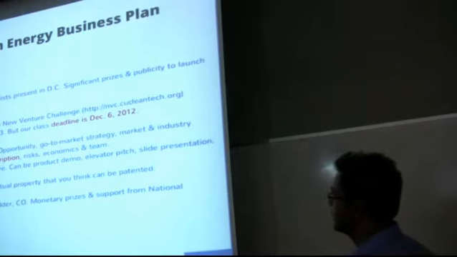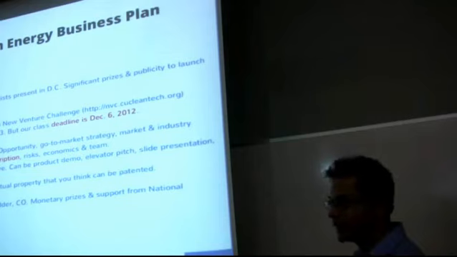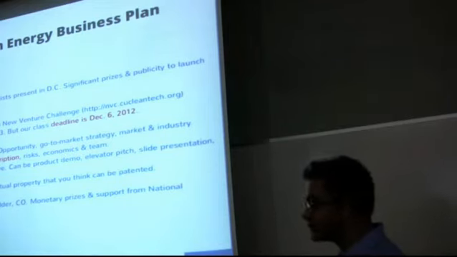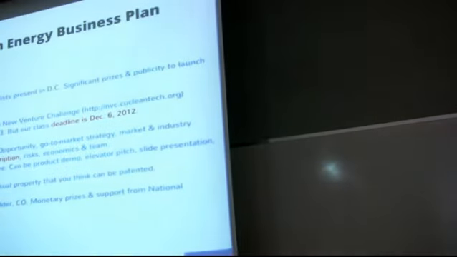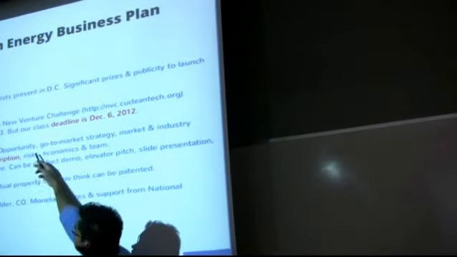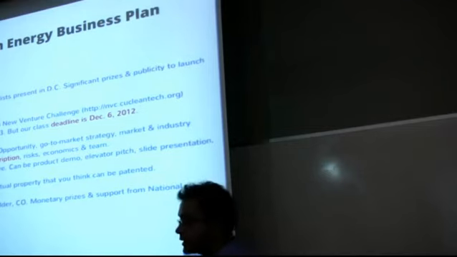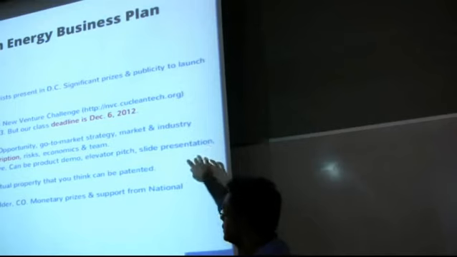Okay? What you need is not very much, which is, in my opinion, it's harder to write something short than long. So it's a good experience for everyone. All you need is an executive summary, which is 2 pages long, and it should involve what is the problem you're tackling, opportunity, what is the market strategy, how will you implement it, how will you sell it, some sort of industry analysis.